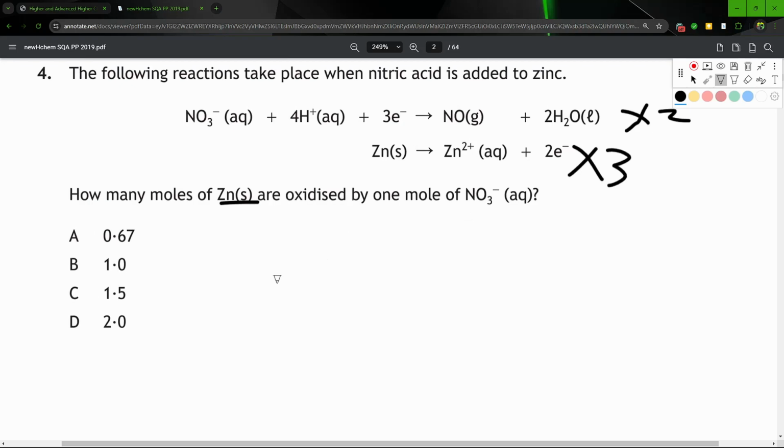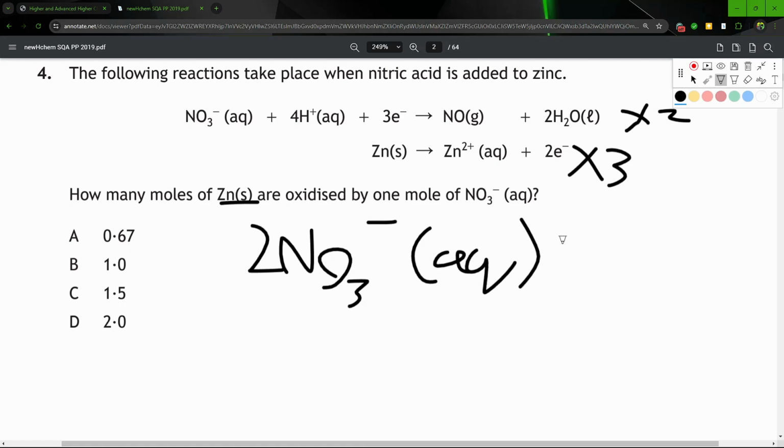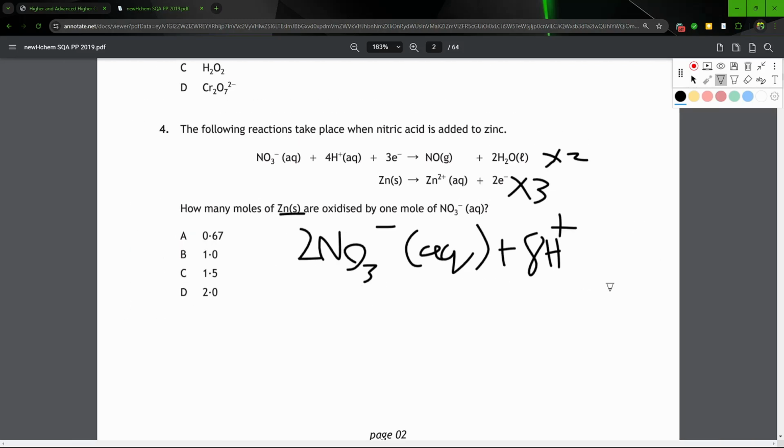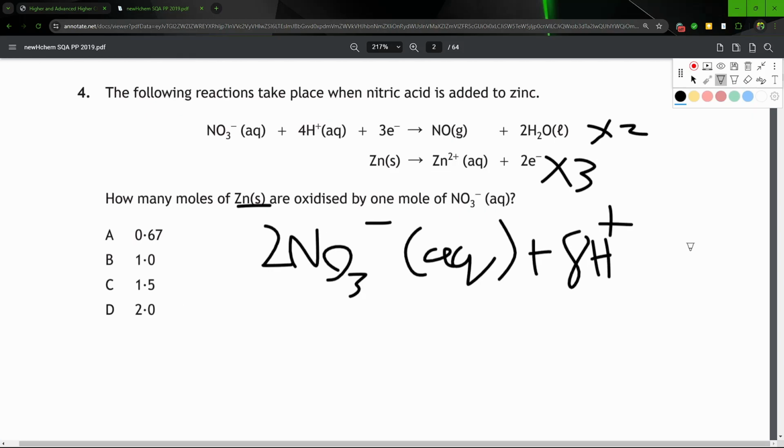So if we write that out, it'll be NO3 minus (aq), and then 8 H plus, and then I'll probably have to do another line, plus zinc times 3, so it'll be 3 atoms of zinc.